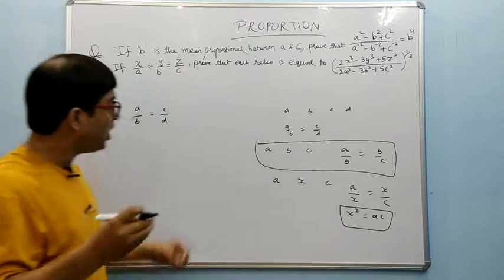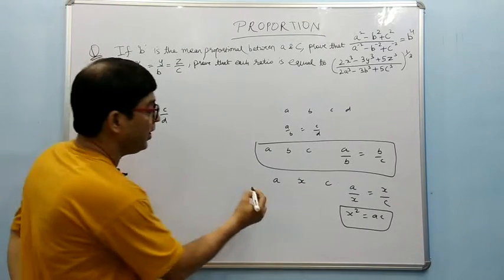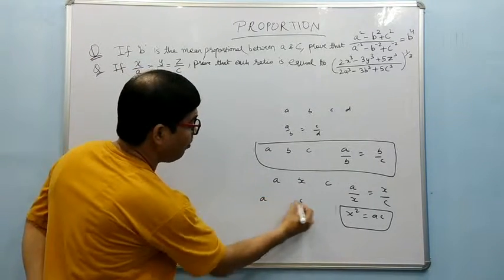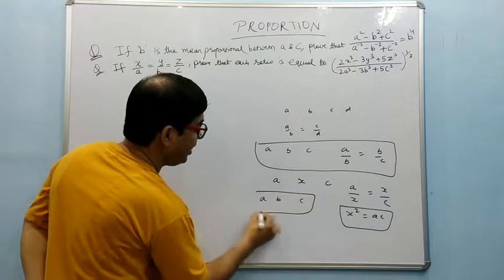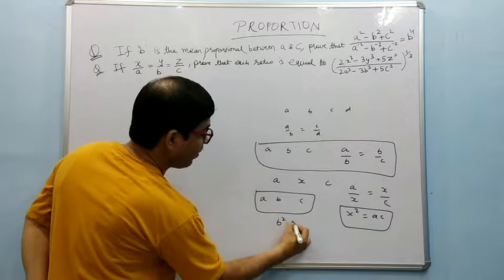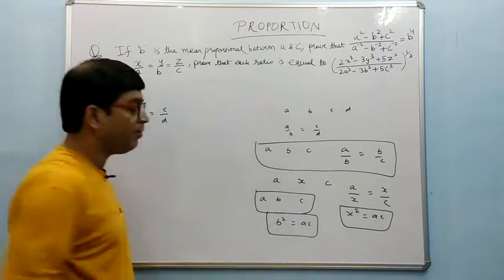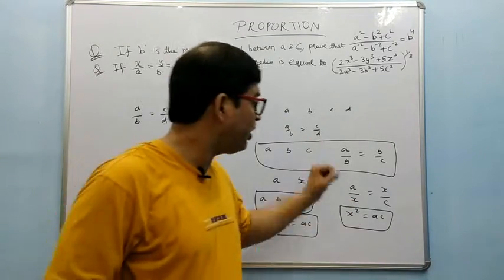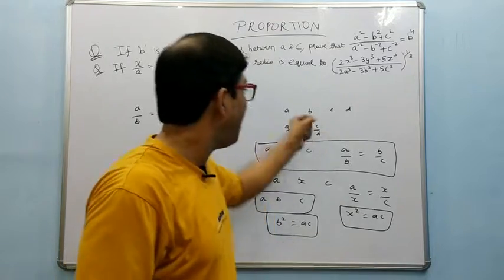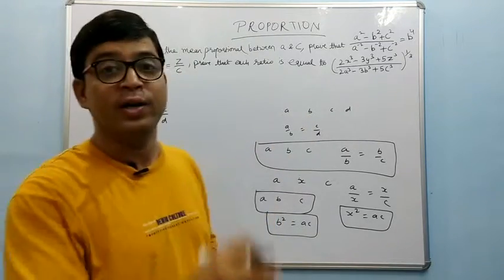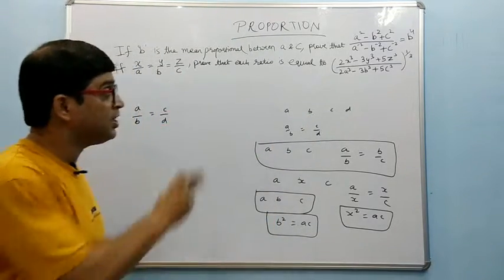So another thing you learned: if we need to find the mean proportional between A and C, then we will write B square is equal to AC. So you got the meaning of the mean proportional, the third proportional and the fourth proportional as well. Now we will attempt this problem.